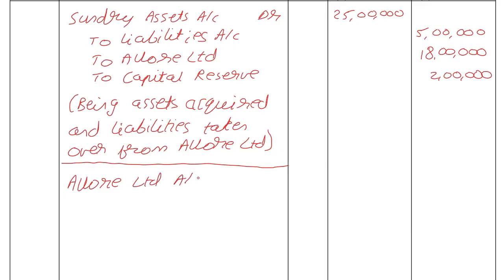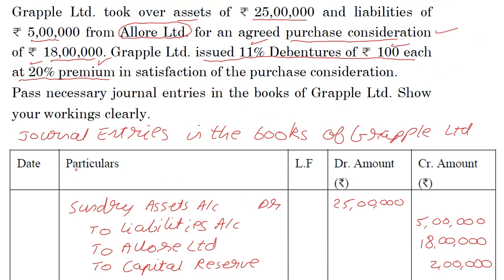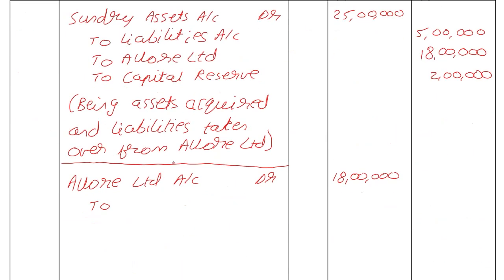Allore Limited account debit for the full 18 lakhs, to 11% debentures, to securities premium.